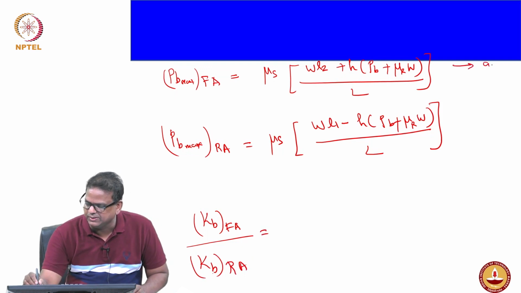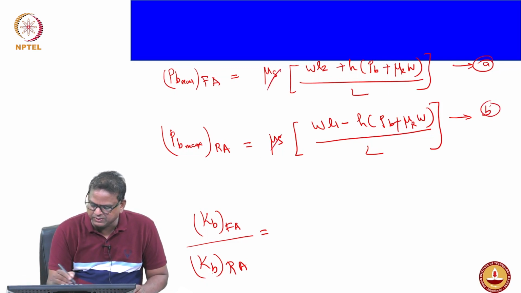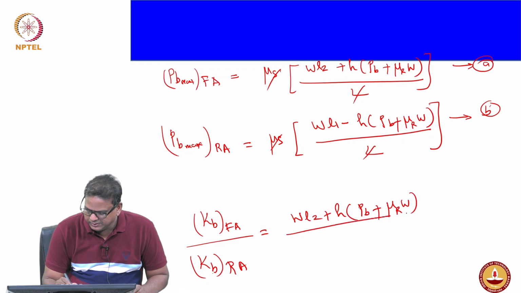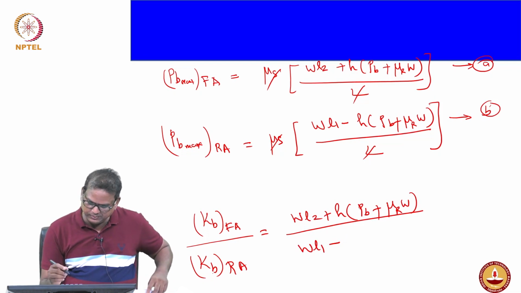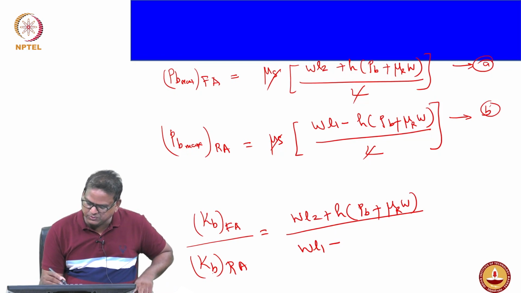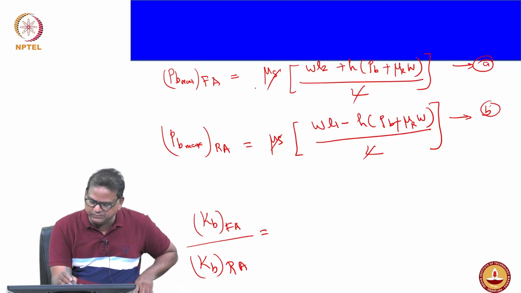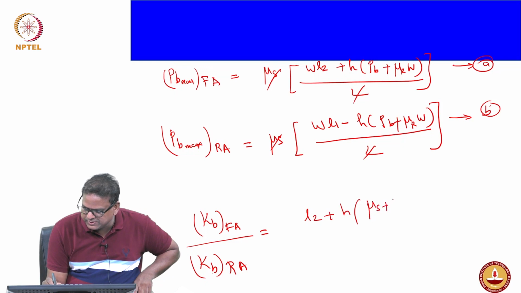When you divide, W goes out, and finally you expect (L2 plus H (mu s plus mu r)) divided by (L1 minus H (mu s plus mu r)).